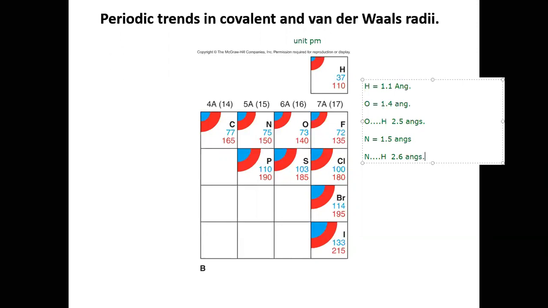So again, this is how we know if there's a non-bonding interaction: is the nitrogen and hydrogen distance less than 2.6. And the less it is than 2.6, the stronger the interaction. Again, if you want to learn more about this stuff, X-ray crystallography is where we measure these distances between molecules.